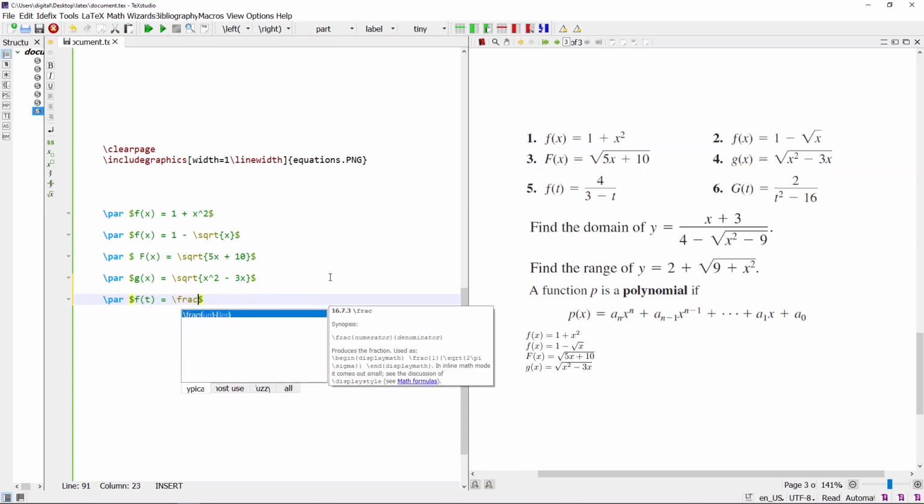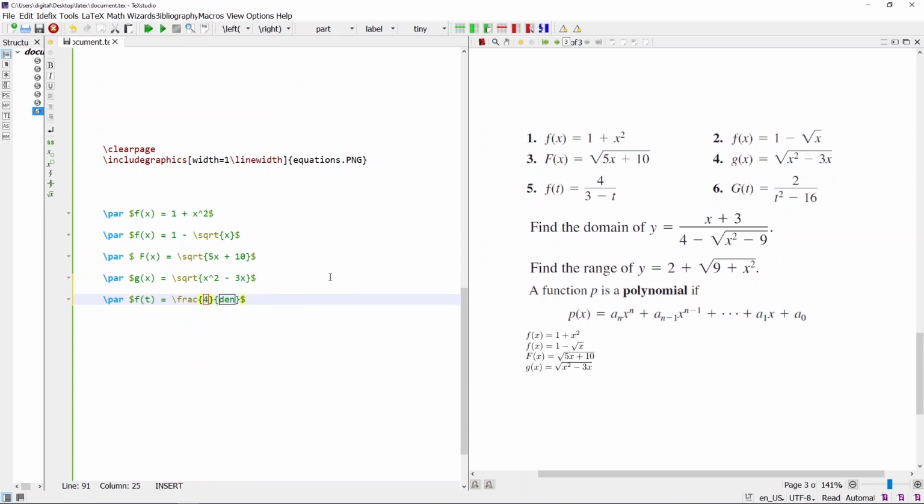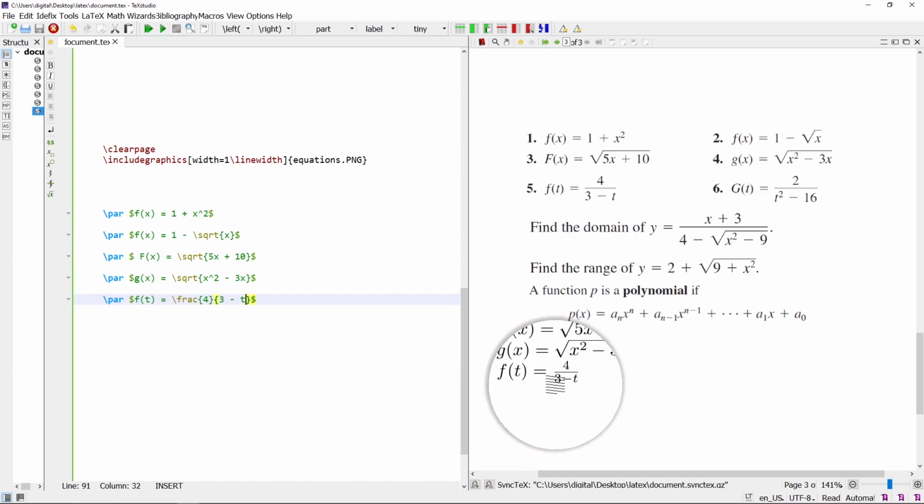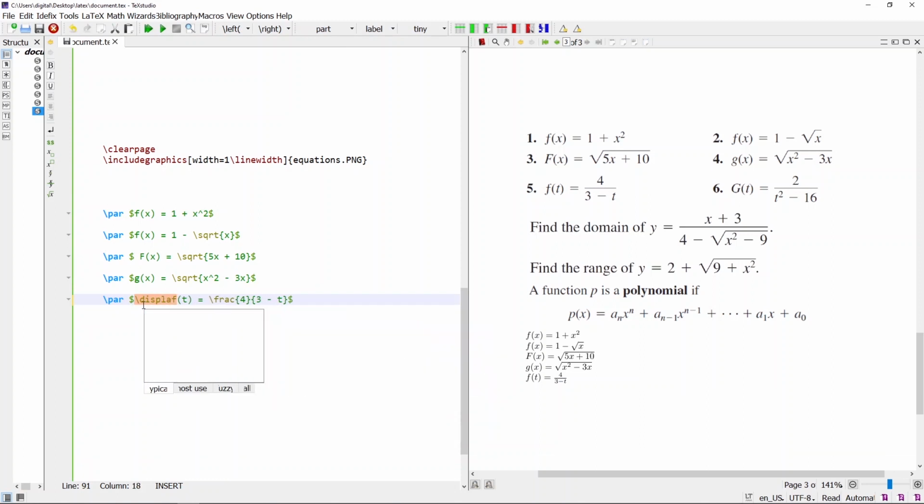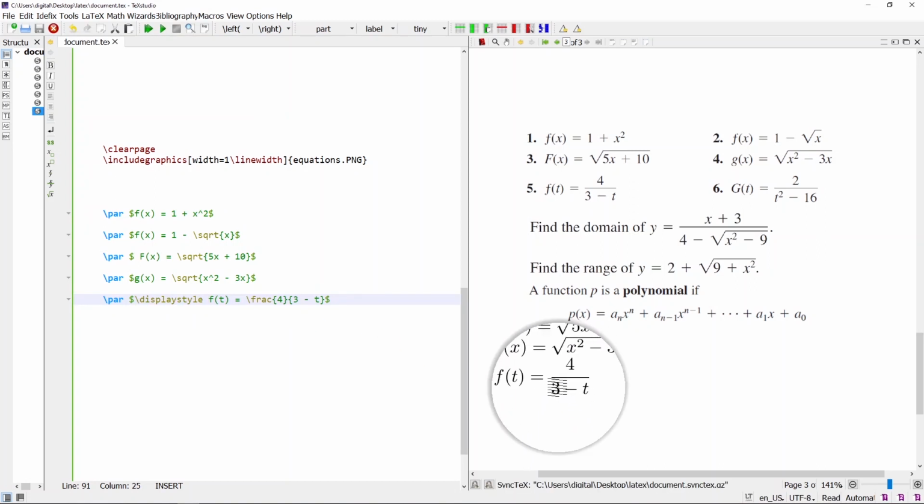Write the fraction command. In the numerator there is 4 and in the denominator there is 3 minus t. It is coming in small size. Write the displaystyle. Now it is coming in proper font and proper style.